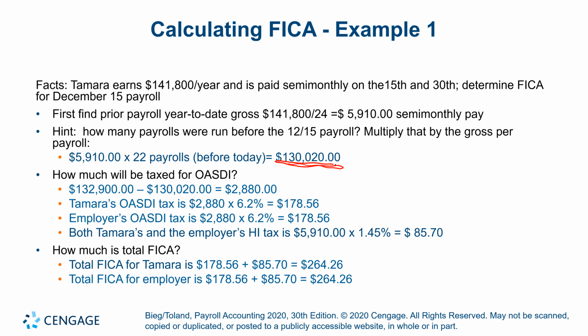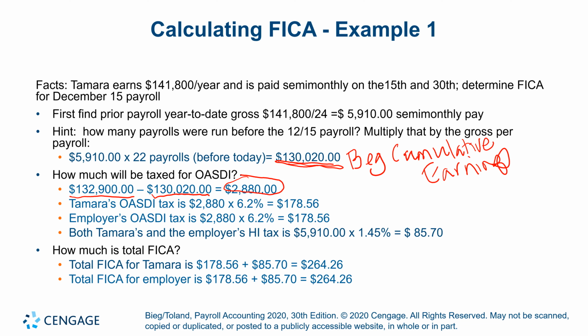So if we take that 132,900 minus where the person is at right now, this we would call beginning cumulative earnings. I'm not very good at writing with this thing. Beginning cumulative earnings, right? And so we take the maximum minus their beginning cumulative earnings, and that would tell us that the employee only needs to pay Social Security taxes on another 2,880.